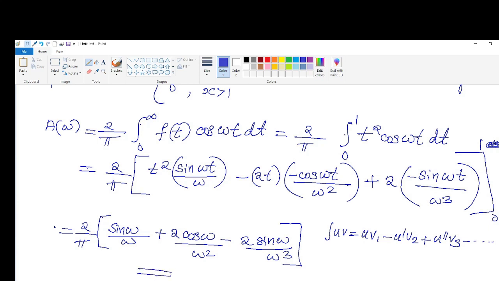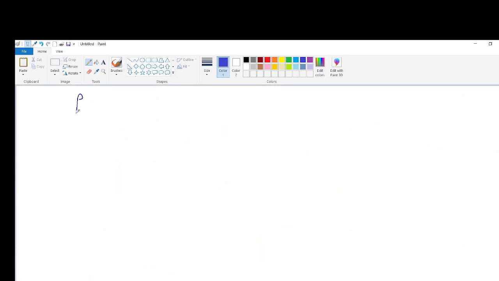Now you can substitute the value of A(ω) in f(x). The formula for f(x) is equal to the integral from 0 to ∞ of A(ω) cos ωx dω.